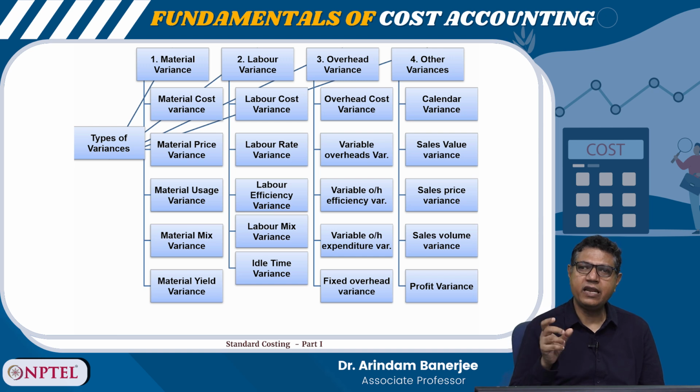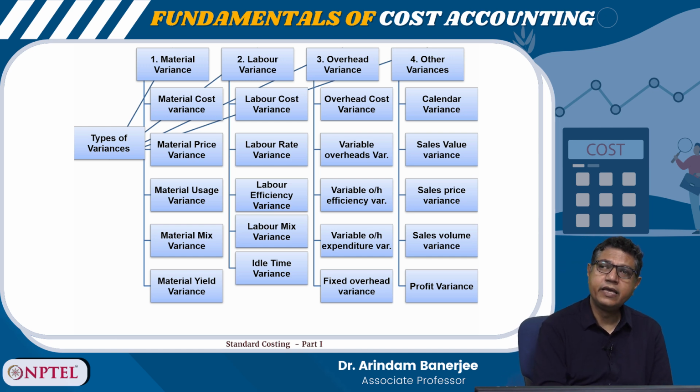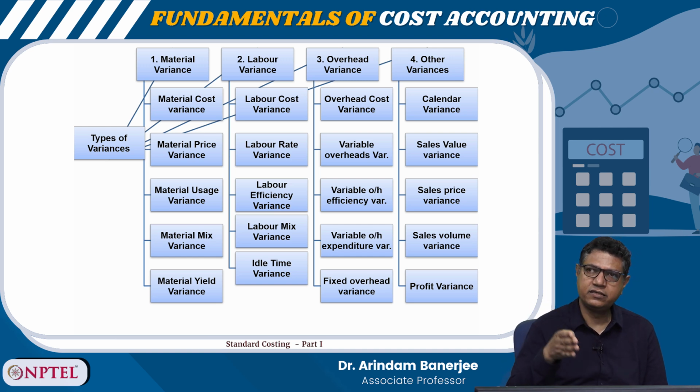It is an indirect expense, but it varies with the level of production. Variable overhead expense I can calculate separately, and fixed overhead variance I can calculate separately. Then variable overhead efficiency and variable overhead expenditure I can also calculate. These are the three major classes of variances: material variance, labor variance, and overhead variance.